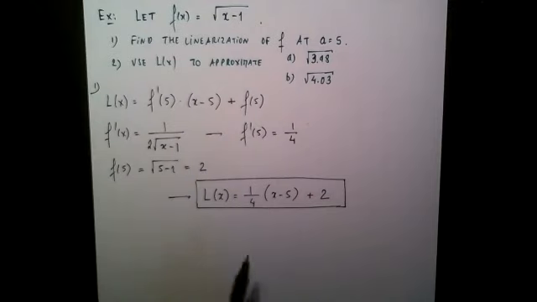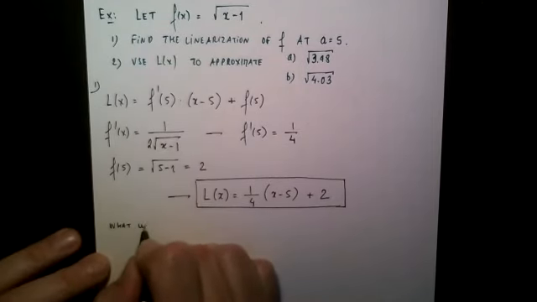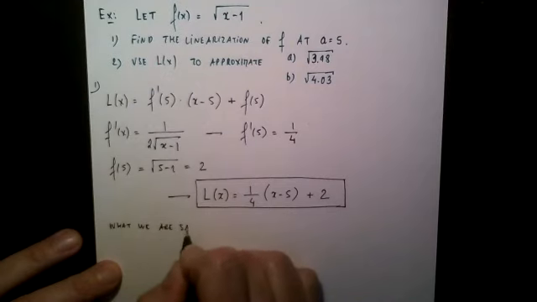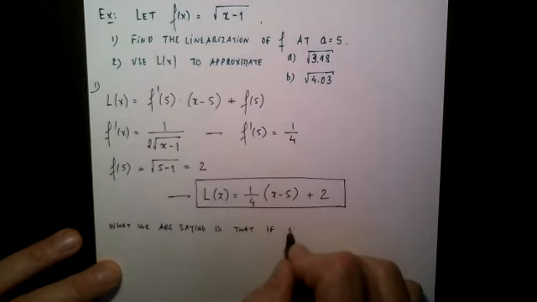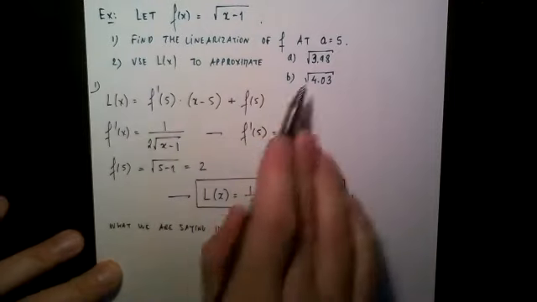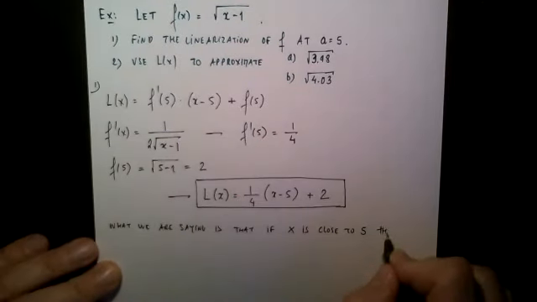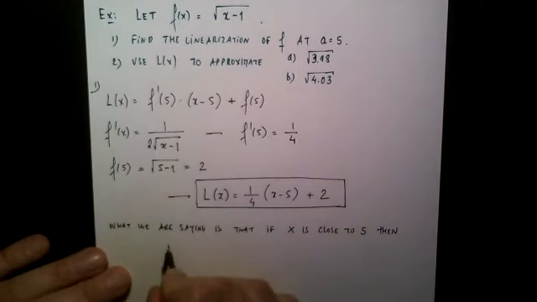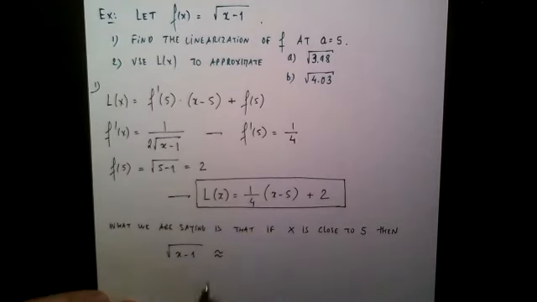Okay, so now I'm going to use this to estimate a function. So what I'm saying, I'm going to write this in English, what we are saying is that if x is close to 5, then the function f, which is the square root of x minus 1, can be approximated nicely by this.